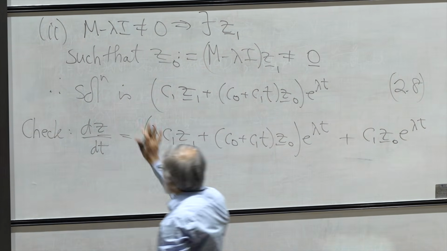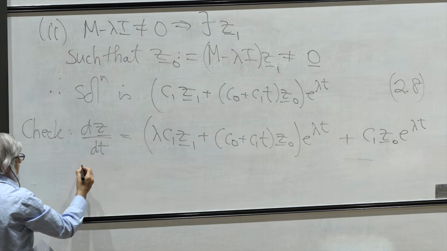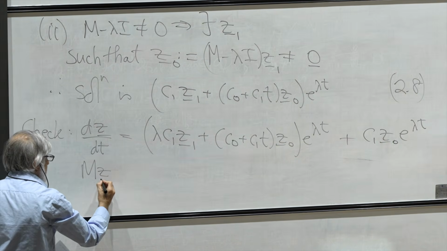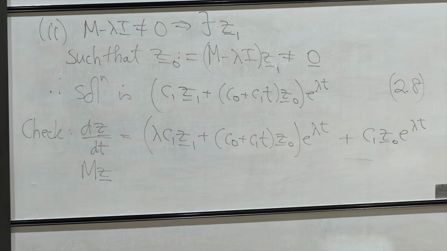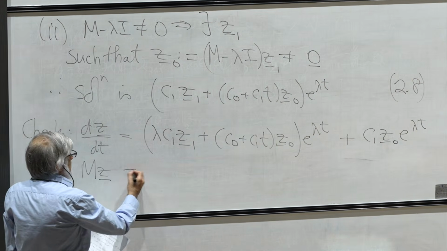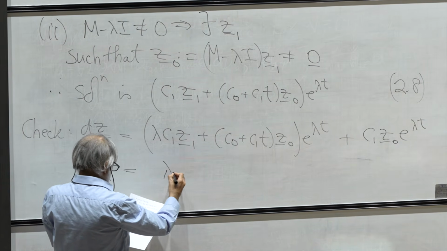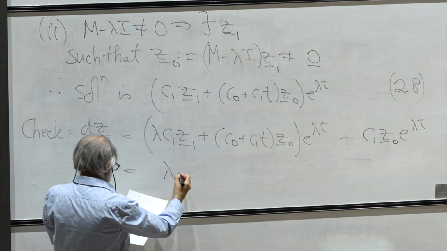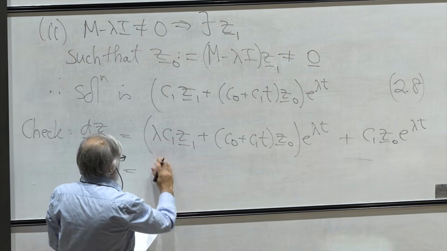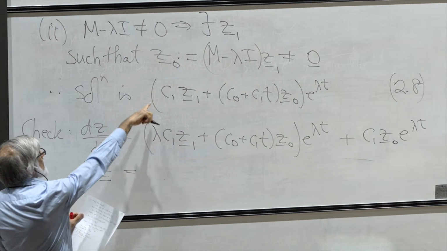And now for this to be a solution, hopefully this will be the same as m z, okay? Because we're trying to solve dz by dt equals m z. So m z is, sorry, I'm looking at that, I should be looking at this.